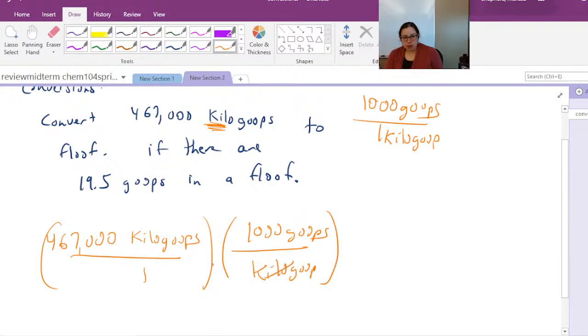All right, so I won't plug it in yet, but now we're in goops. And so now the last step: there's 19.5 goops in a floof. Maybe if you need to, rewrite this as your ratio first.